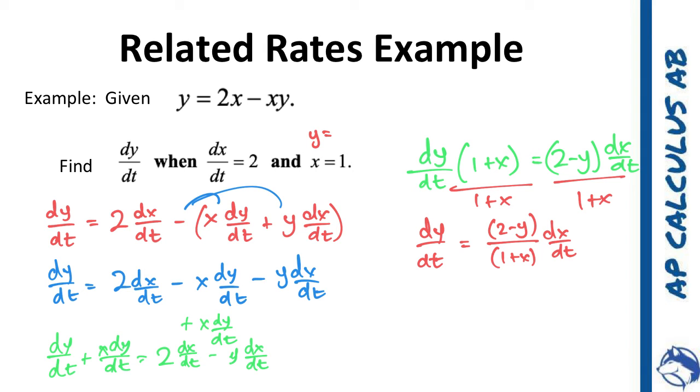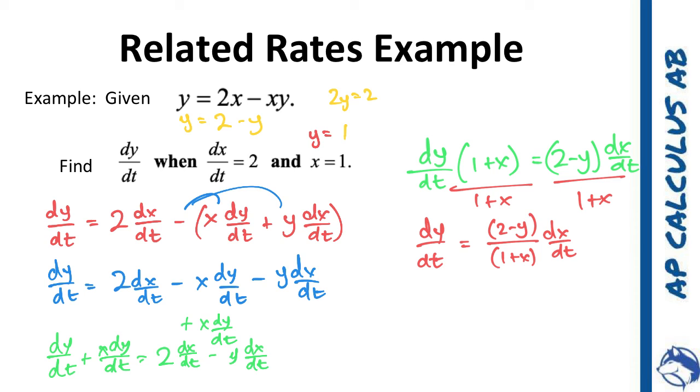So I really do need that y, because that y is not going to cancel out here. So all I have to do is plug in 1 for the original equation. And so I get y is equal to 2 times that 1, or just 2, minus y. So I add y to the other side, and I get 2y is equal to 2. Well, divided by 2, I get y is equal to 1.